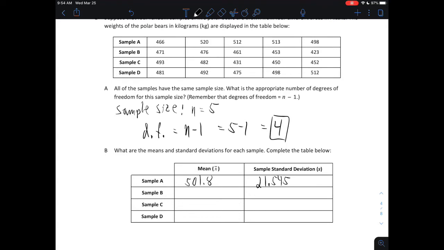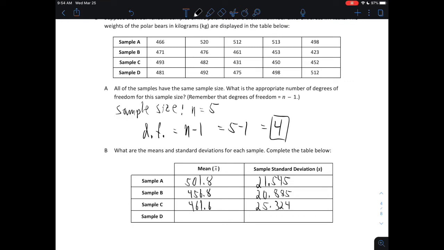Do one variable statistics for the other lists, and what you should get for sample B is a mean of 456.8 and a sample standard deviation of 20.885. For sample C, the mean you should get is 461.6, and then the standard deviation should be 25.324.